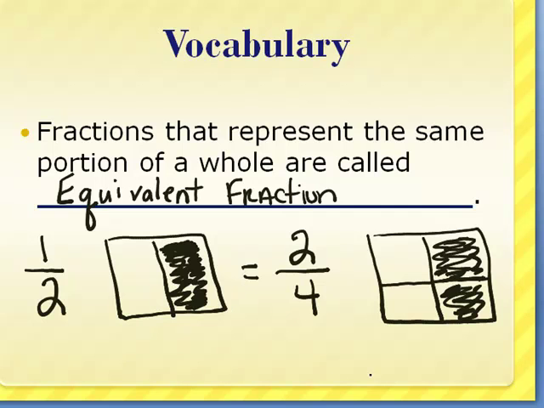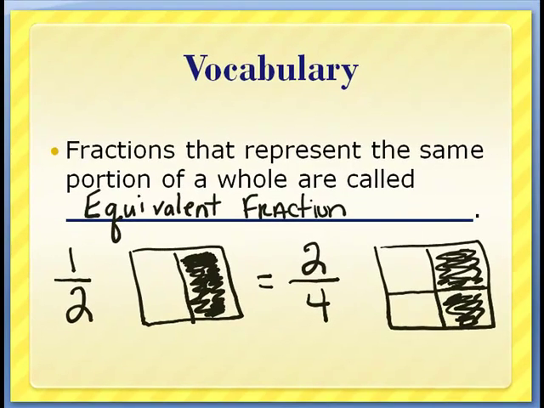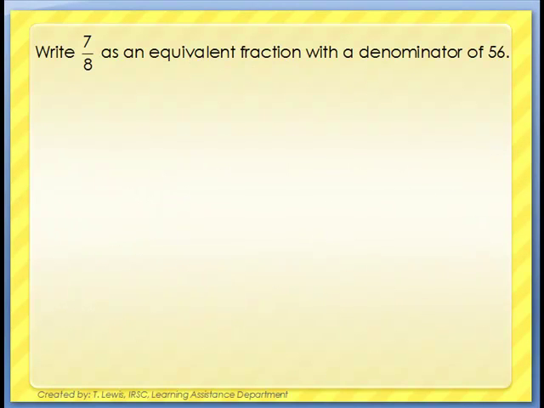So let's look at how to convert a fraction with a given denominator. We have here: write 7/8 as an equivalent fraction with a denominator of 56.